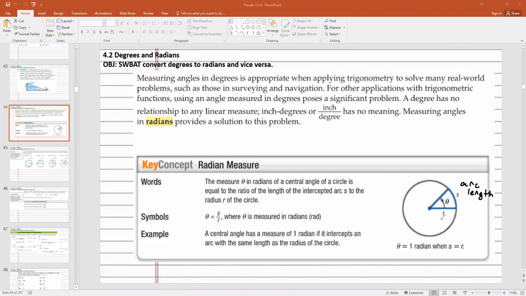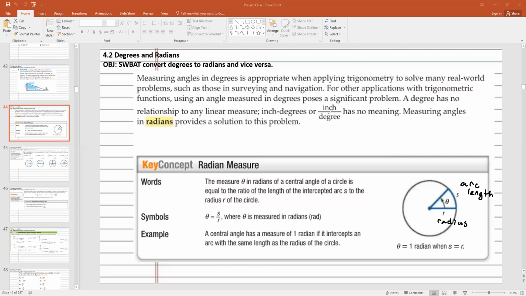And r is the radius of the circle. So from the center to the outside of the circle, that's the radius. And remember, the radius is the same no matter where it is. These are all r.